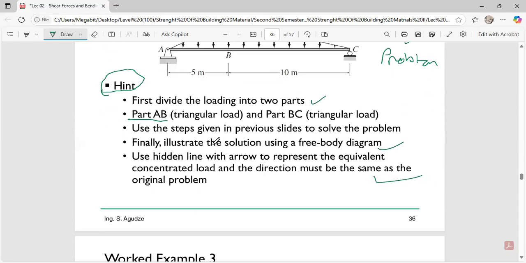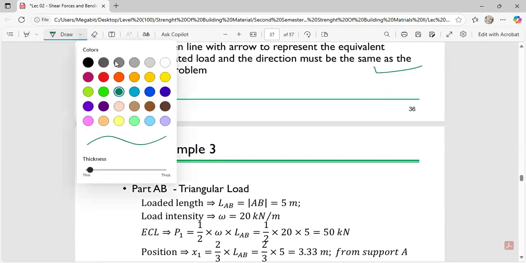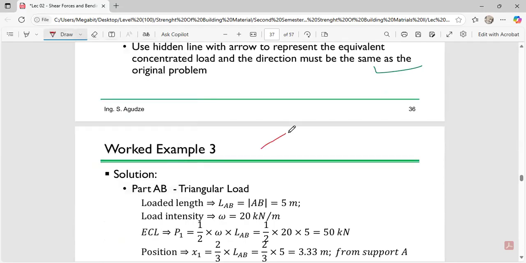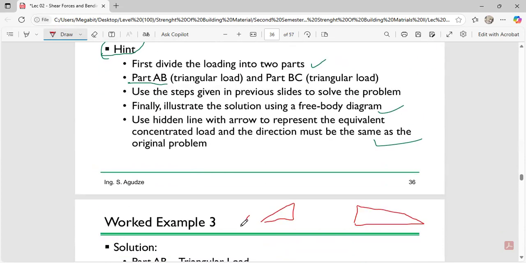Okay, so this is our part. Let me draw this problem over here. You can see it has been split into two parts. Our first part can be in this form. This is the A part, where the support is. And on the other hand, this is the B part.